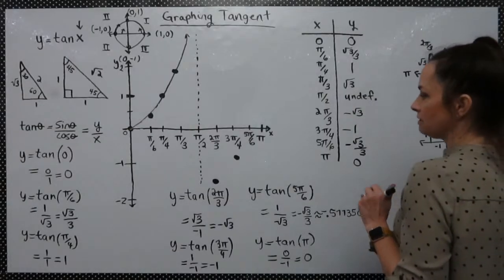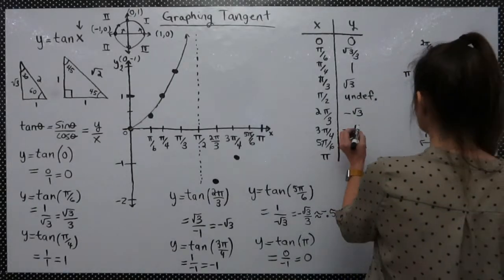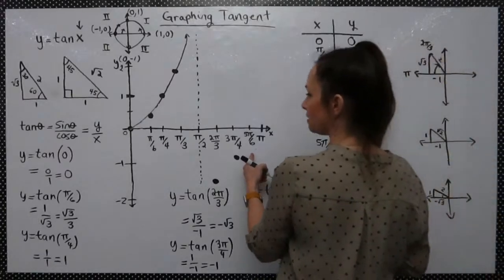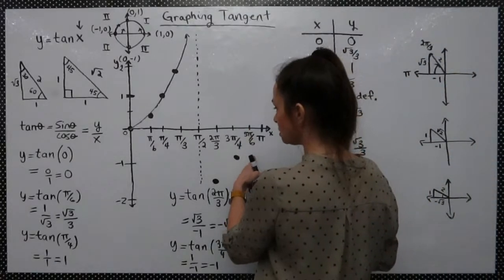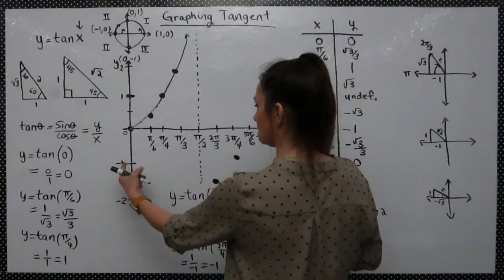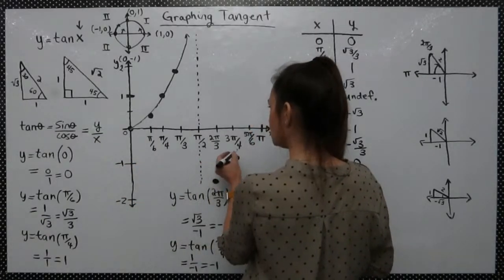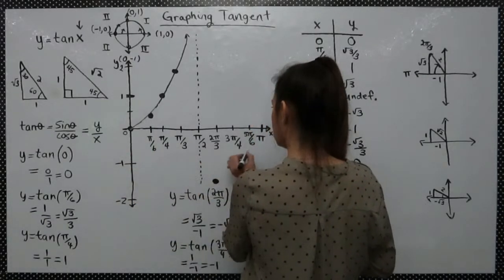So we've got negative 5.7. Let's see. That was the 5 pi over 6. 0.57 will be about right in there, maybe.